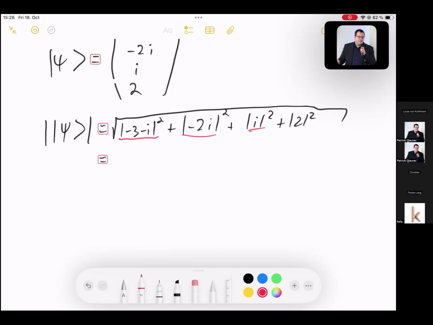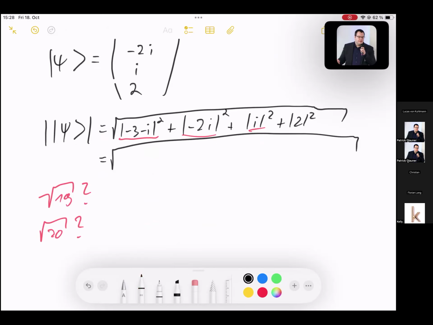So one student says it's the square root of 19. One student says it's the square root of 20. That means we will try it out. So it's a square root, and we have this first complex number, and we want its modulus, and we want to square it. Remember, for the modulus, we have a square root, and we square that, so this just cancels out. What we have here then is simplified 3 squared plus 1, so 9 plus 1 for the first entry, because remember, for the modulus, I need the square root at the end.